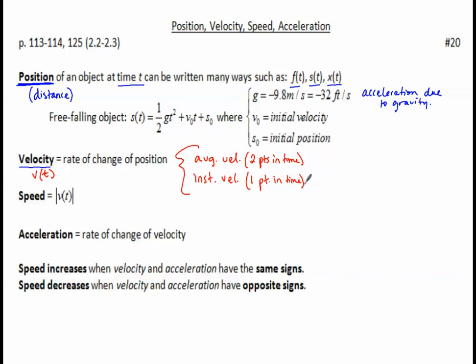So average velocity, the v of t, would be the change in position over the change in time. The instantaneous velocity would be at 1 point in time, so v of t would be the derivative of the position.